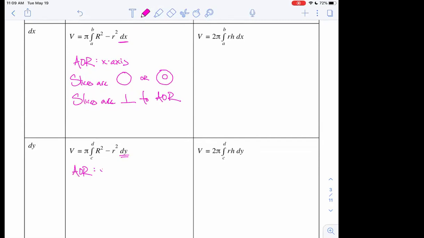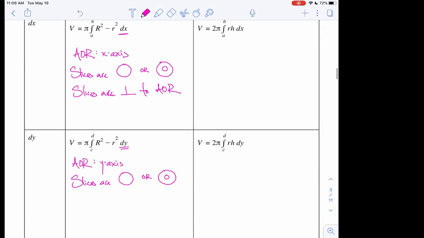Yeah, it means that somewhere in the problem, it probably says revolve it around the y-axis. Good. Now our slices are still either going to be a circle or a circle with a hole in the middle. And same thing, our slices had better be perpendicular to the axis of revolution.